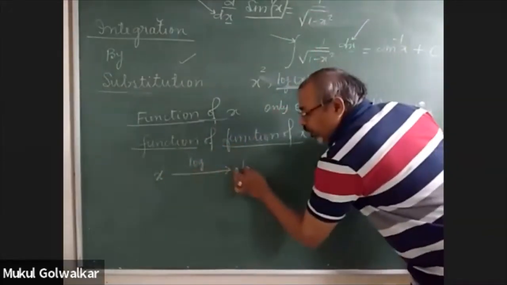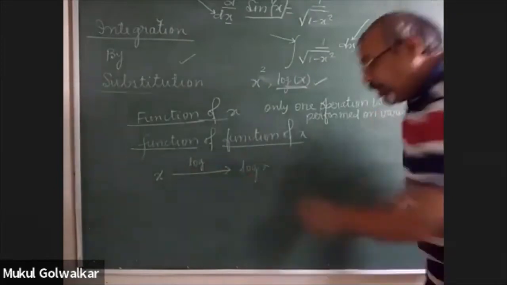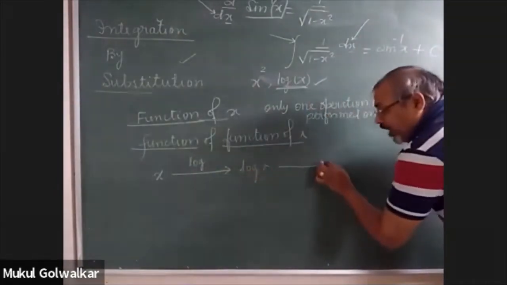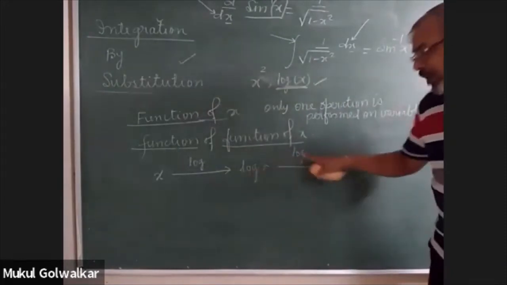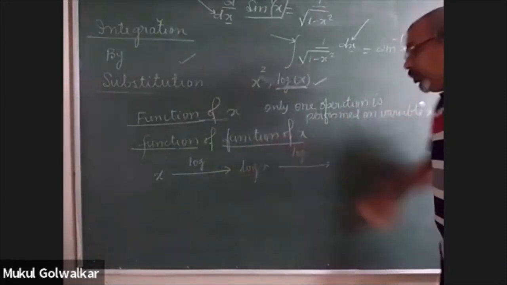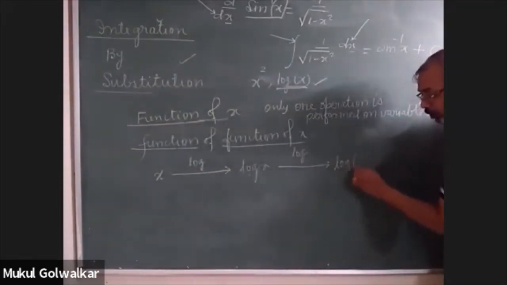The output I am going to get is log x. But now suppose I operate the log function one more time on this output. So now you tell me, what will be the output? The output will be log of log x.